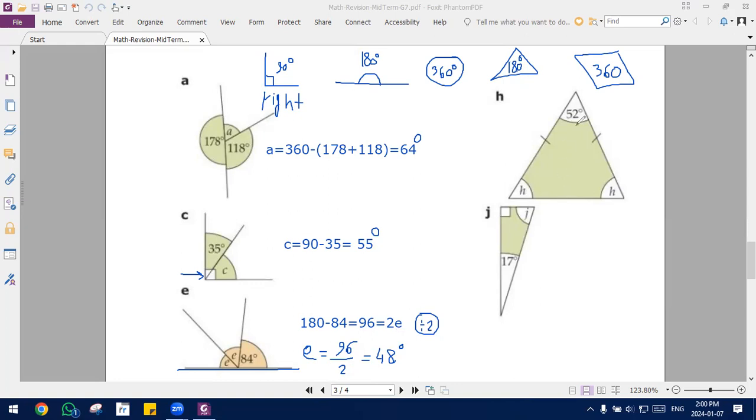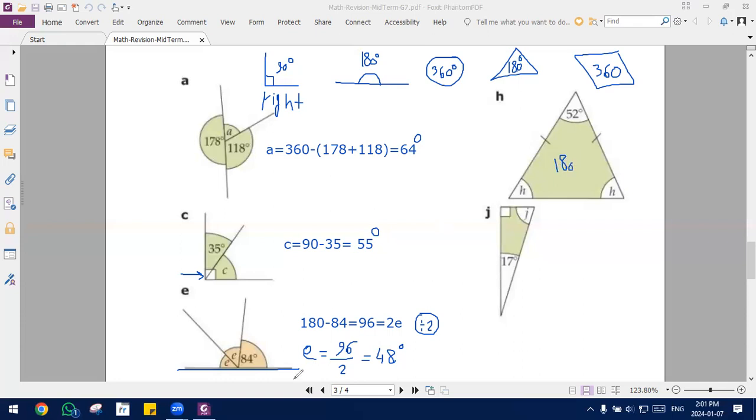Now we check part H. In part H we have a triangle, which we know that it's what? It's 180 degrees. In this triangle, we have this dash and this dash. This means that this is an isosceles triangle. There's two equal sides and two equal angles. So these two angles, they are named as H, they are equal. Now we know that the triangle is 180.